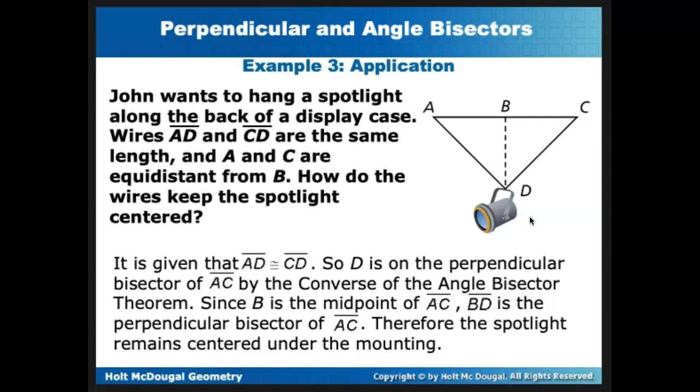Since B is the midpoint of AC, BD is the perpendicular bisector of AC, therefore the spotlight remains centered under the mounting. That all seemed obvious from the question or from the diagram, but you have to actually show that it can be true, or that it is definitely true.